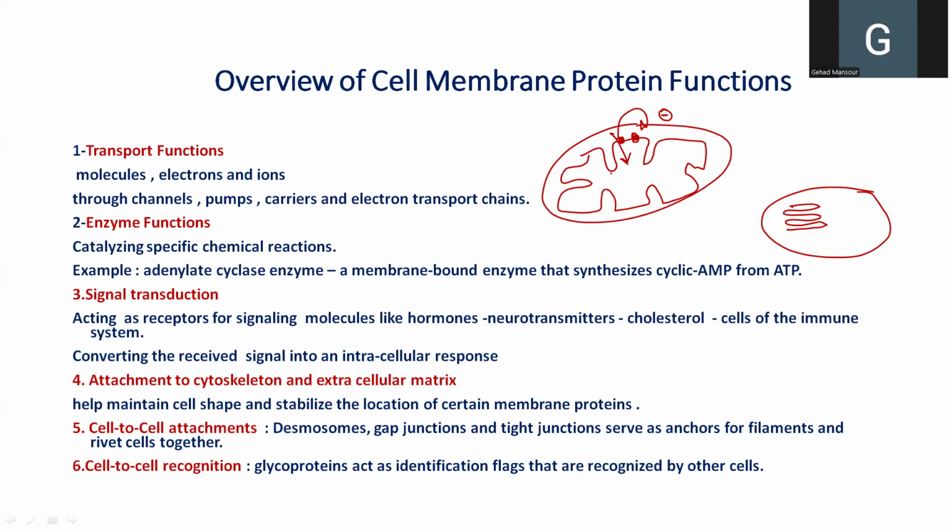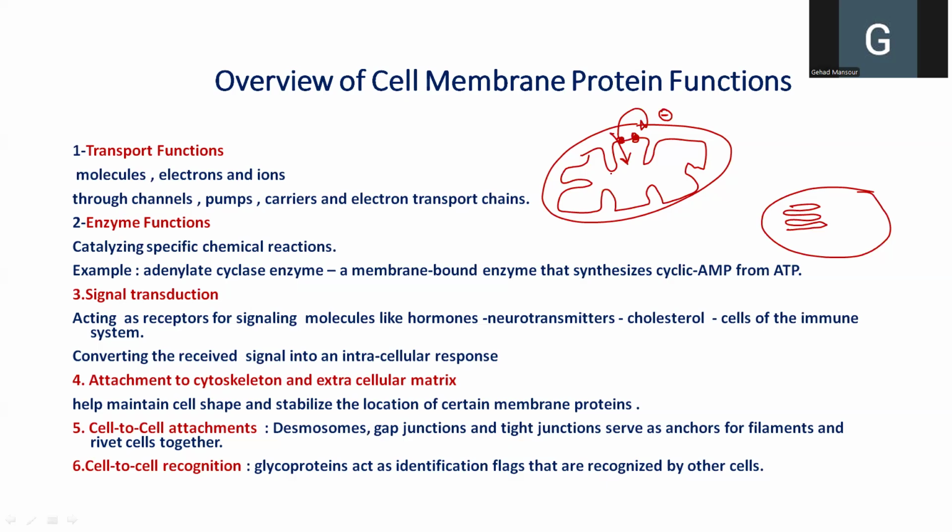But for the moment, we have to remember only that they are proteins. So the electron transport chain is a chain of protein molecules embedded in the inner mitochondrial membrane or in the thylakoid membrane in the chloroplast that help transfer of electrons.